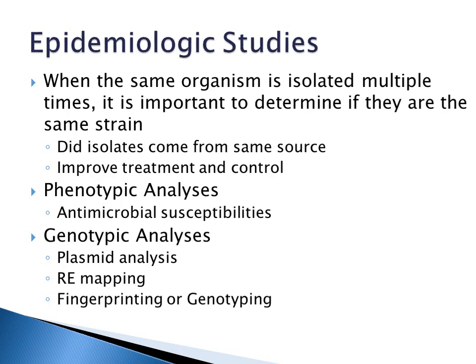You also want to do epidemiological studies for phenotypic analyses, such as antimicrobial susceptibilities, like we just talked about, or for genotypic analyses. You can do plasmid analysis, restriction endonuclease mapping, fingerprinting, or genotyping.